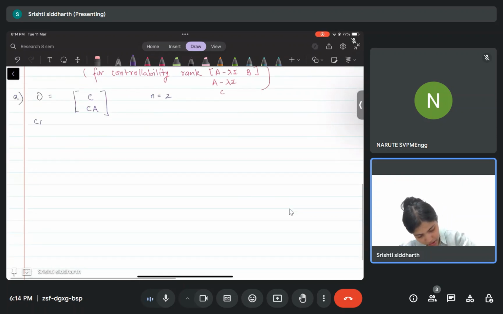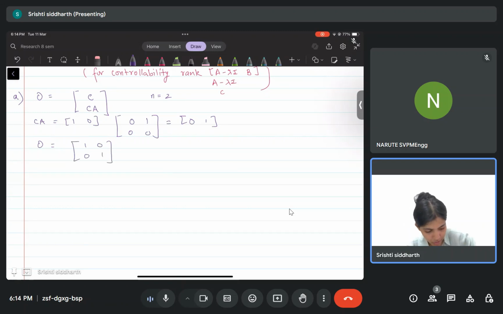Alright, so for us, CA is 1, 0 times 0, 1, 0, 0, so it's 0, 1. The observability matrix is 1, 0, 0, 1, which is identity. And of course, it is full rank. The determinant is 1. Therefore, rank is 2. This implies that the pair C, A is observable.